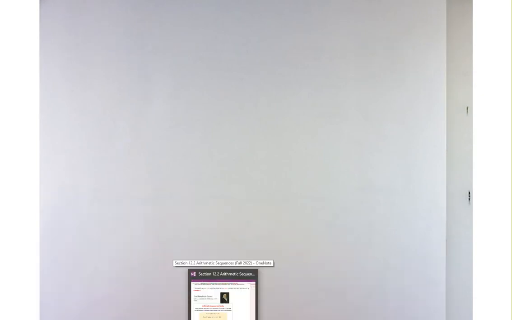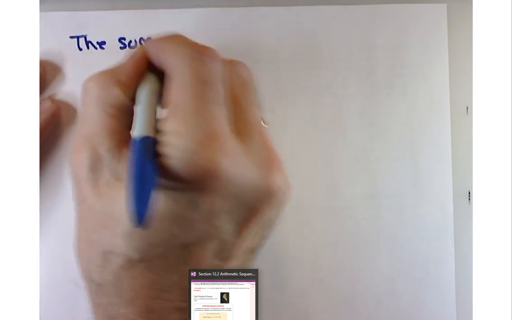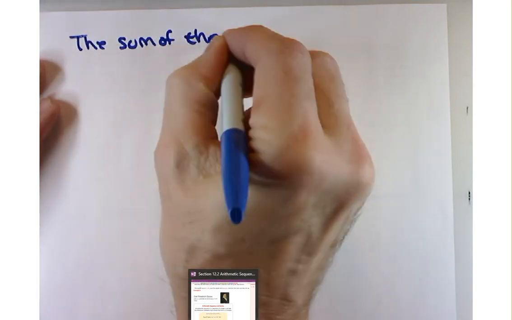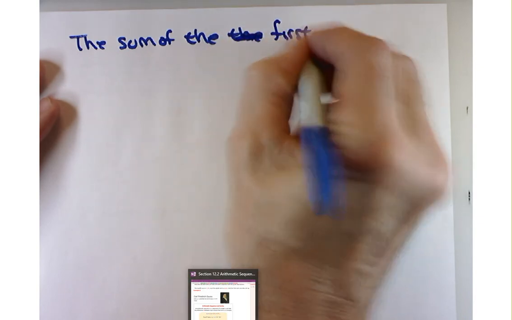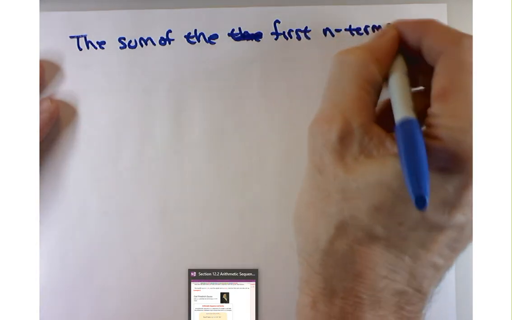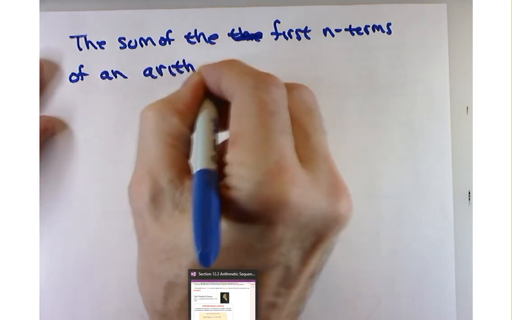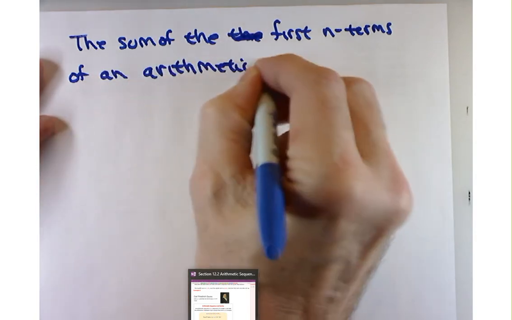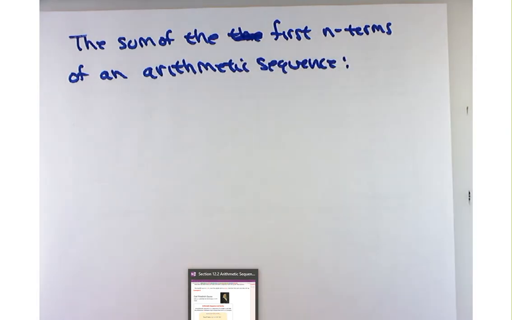What does that have to do with us? We're going to sum up arithmetic sequences. And it's going to have one of two forms. The sum of the first n terms of an arithmetic sequence is going to be given in one of two forms.